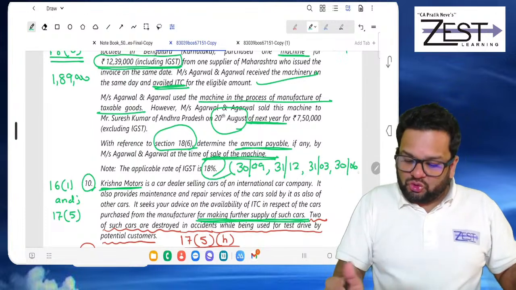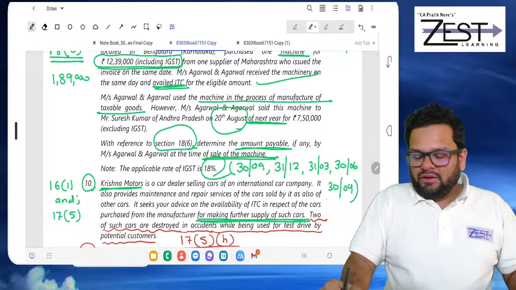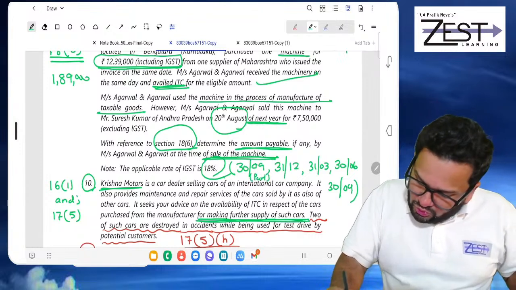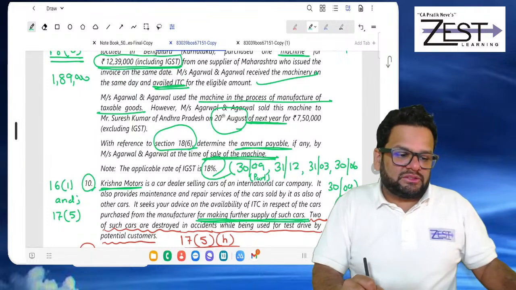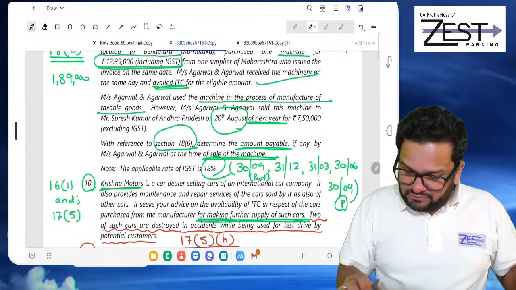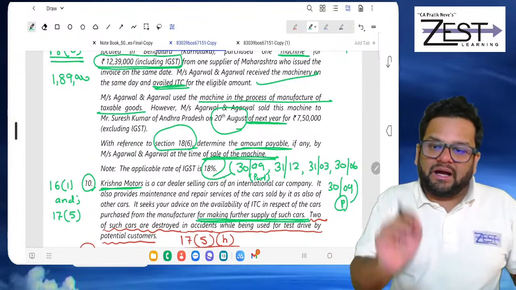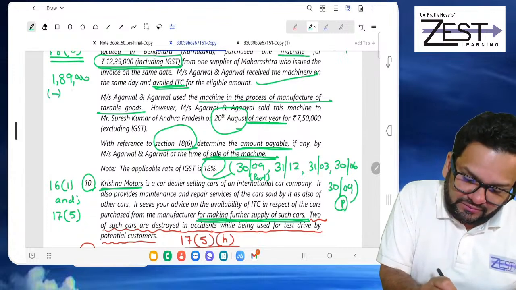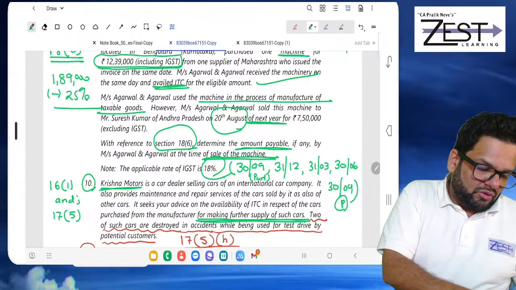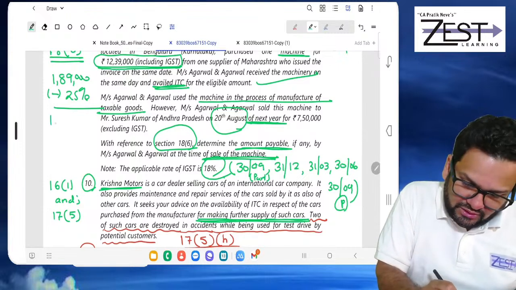Still you have not sold. Then 30th September. So there is a part of this quarter also and part of this quarter also. Very good. 5 quarters. 5 into 5. Are you getting 25%? So less 25% of 1,89,000.